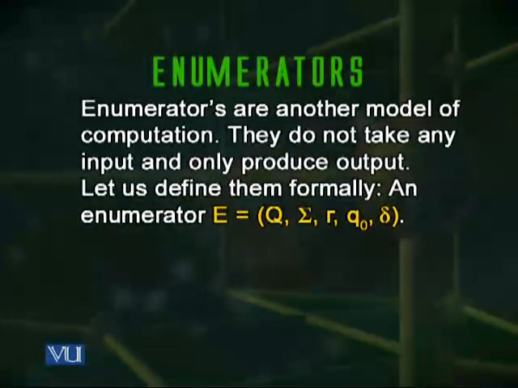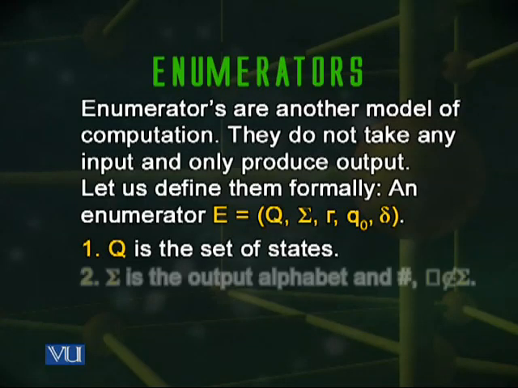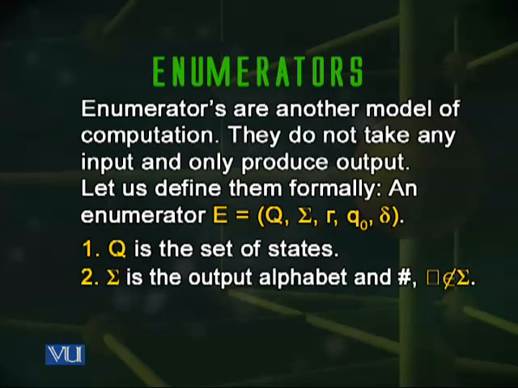An enumerator formally is going to be specified by the following things. An enumerator E is equal to (Q, Σ, Γ, q0, δ). Here Q is the set of states, Σ is the output alphabet, and hash and box are not elements of Σ.